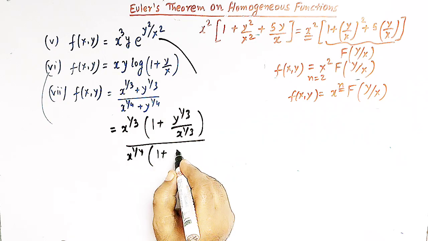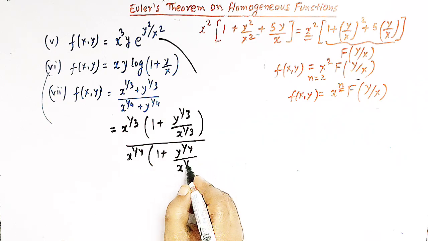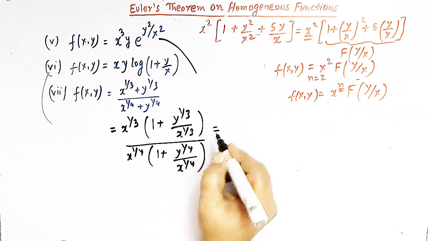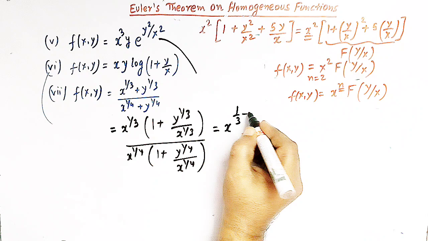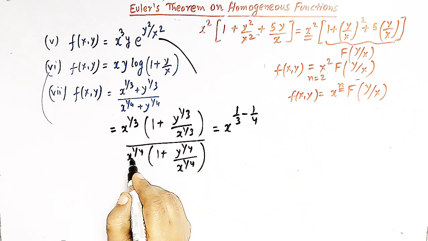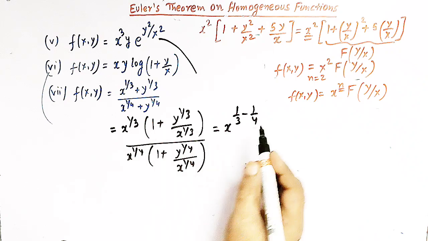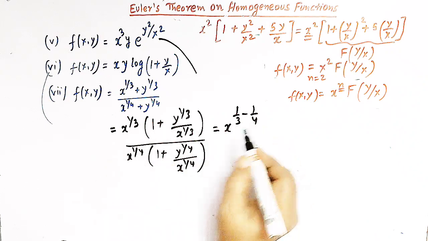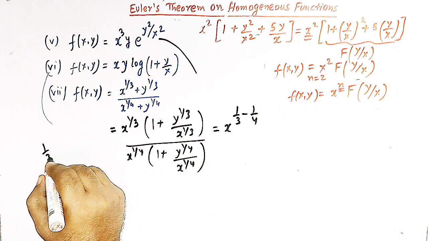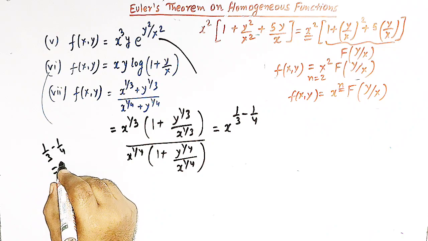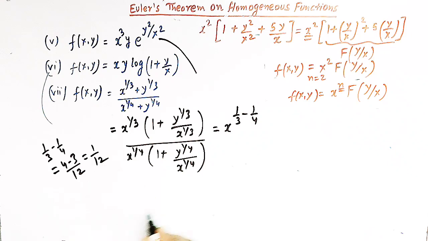So we have 1 plus y raised to 1 by 4 divided by x raised to 1 by 4. So we can now write x raised to 1 by 3 minus 1 over 4, taking x raised to 1 by 4 to the numerator, and using the laws of exponent, here we have 1 over 3 minus 1 over 4 as 4 minus 3 over 12, that is 1 over 12.